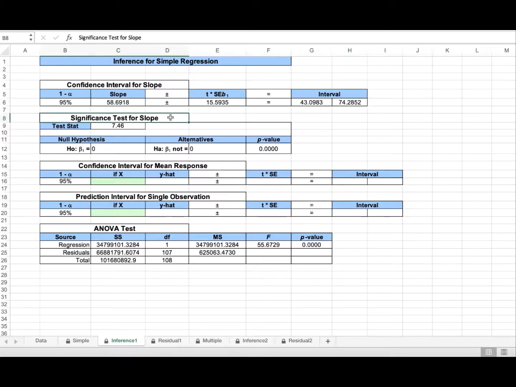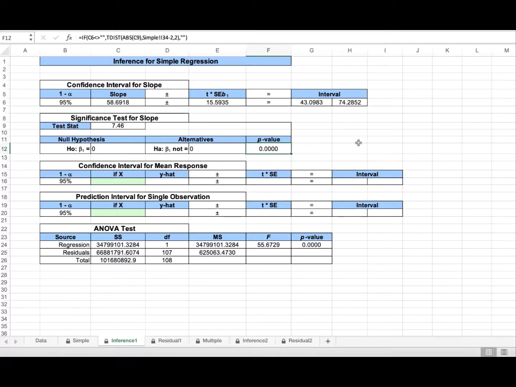We can also use our t-test for slope. Here we can see that t for 107 degrees of freedom, remember our sample size n is 109, and our t-test uses n-2 degrees of freedom, simply because we have two variables, x and y. So t for 107 degrees of freedom is a very strong 7.46.